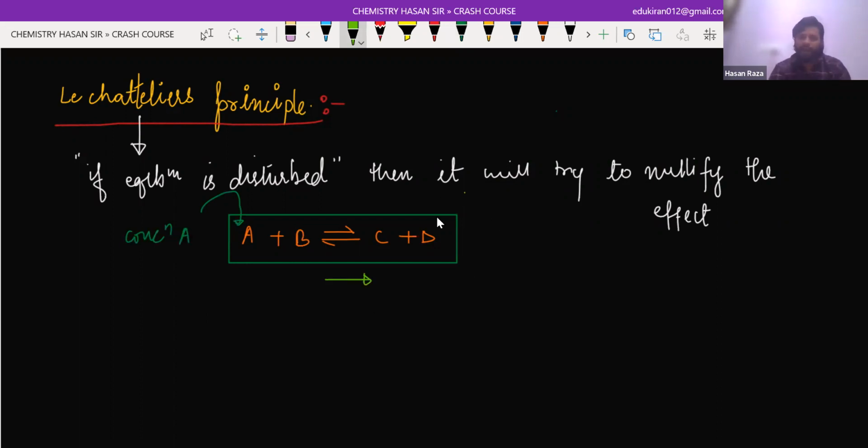If you add concentration of B, that means you are directly increasing the concentration of product, so equilibrium will shift towards the left to nullify the effect. And this is what Le-Chatelier's principle says. The equilibrium will shift in the direction to nullify the effect. Is that clear?